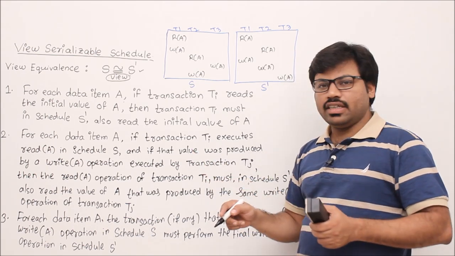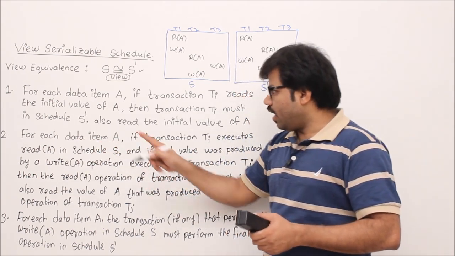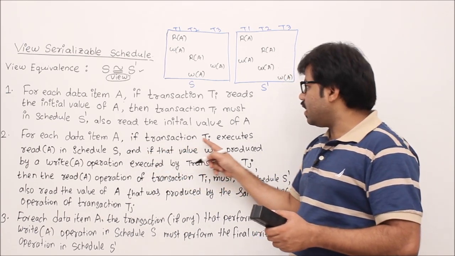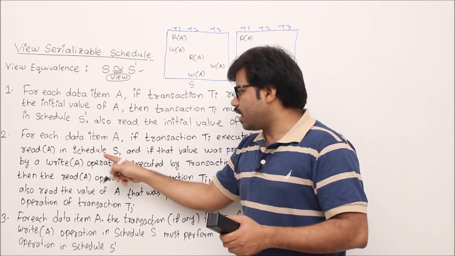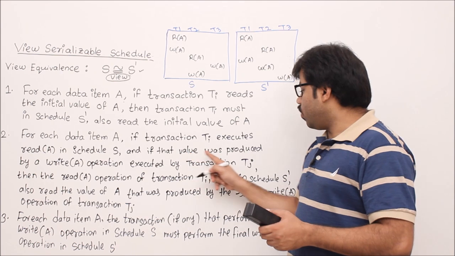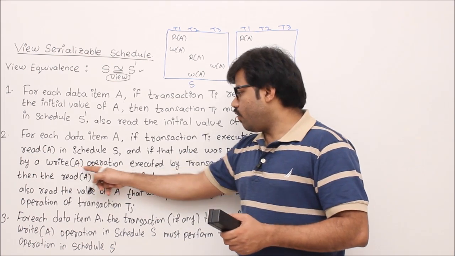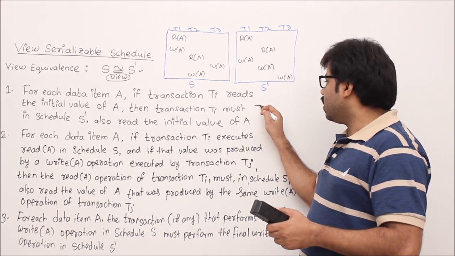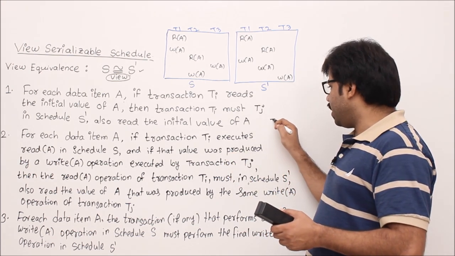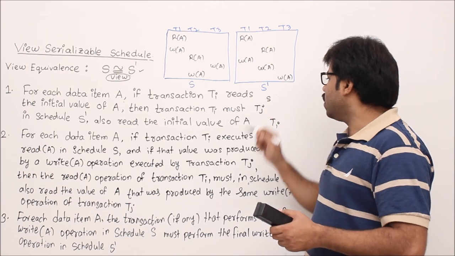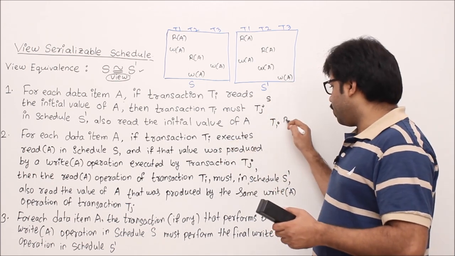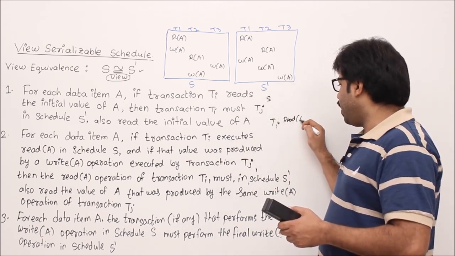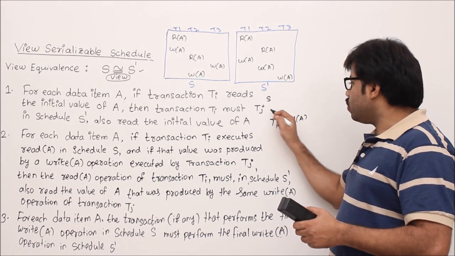Now the second condition is, for each data item A, again the same thing: if transaction Ti executes read A in schedule S and that value was produced by a write of A operation executed by transaction Tj. This statement says that there are two transactions Tj and Ti in your schedule S, let's say. Now Ti is reading a database item A which is produced by Tj.